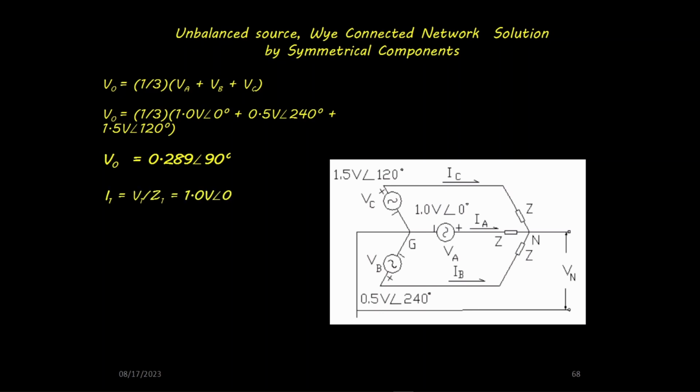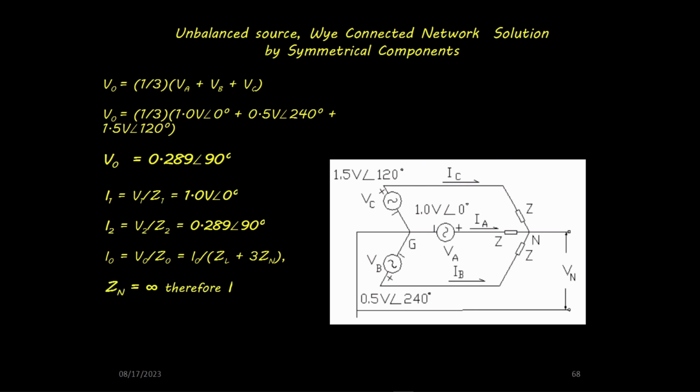I1 equals V1 divided by Z1 equals 1.0 volts at 0 degrees. I2 equals V2 divided by Z2 equals 0.289 at 90 degrees. I0 equals V0 divided by Z0 equals V0 divided by (ZL plus 3Zn). Zn equals infinity, therefore I0 equals 0.